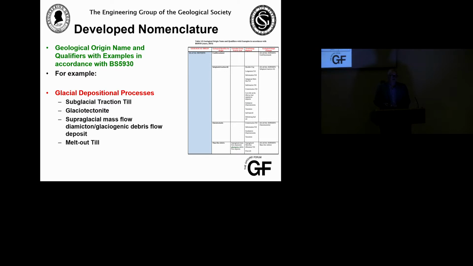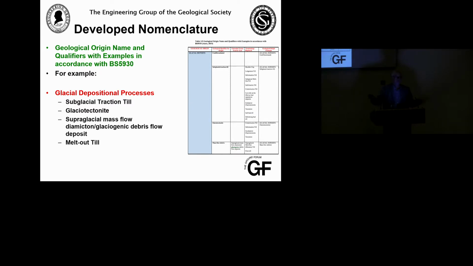And the key part of the sediments was that we developed this new nomenclature. We realized that in engineering geology and ground engineering, we were used to using British standards to describe rocks and soils. There was a set of rock names and set soil names. So we started to actually look at what we might utilize for a series of labels for particular deposits. And we condensed the glacial deposits down to 4.